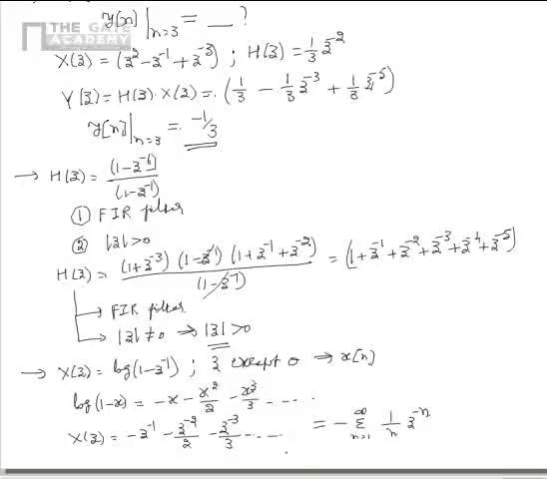From this, we can write that the signal x[n] is -(1/n) u[n - 1]. So this is the signal x[n] from the given X(z) and ROC. Here we got x[n] by using the power series expansion.